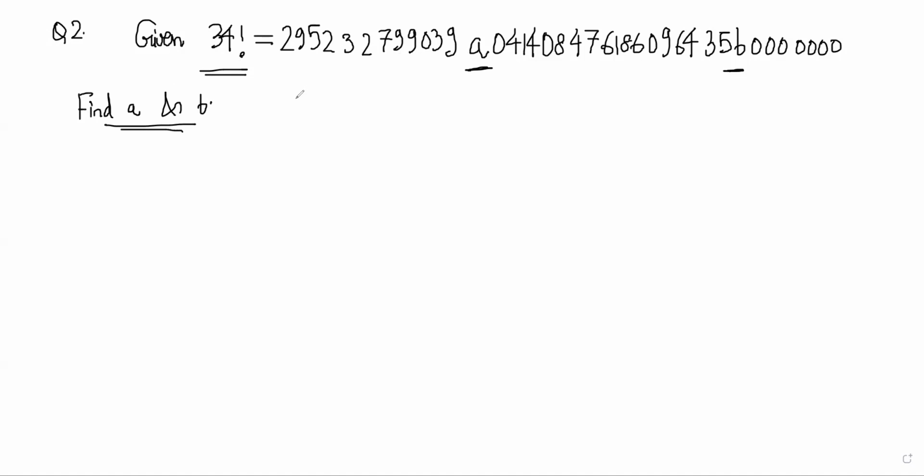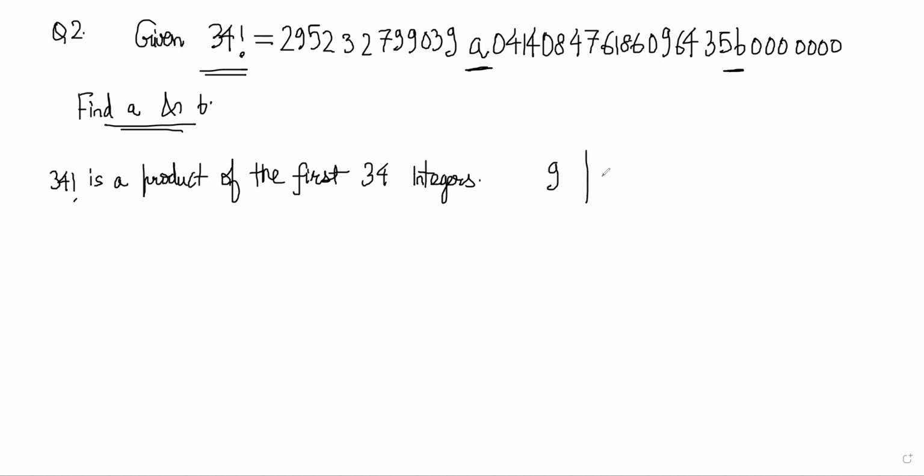So it is relatively very straightforward, but you have to think of a good idea by which you can try to find A and B here, right? So we know that 34 factorial is a product of the first 34 integers. So we know for sure that 9 divides 34 factorial, right?